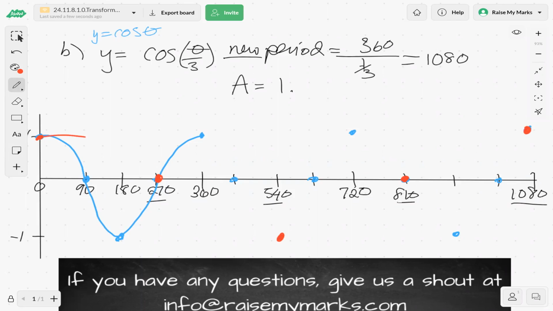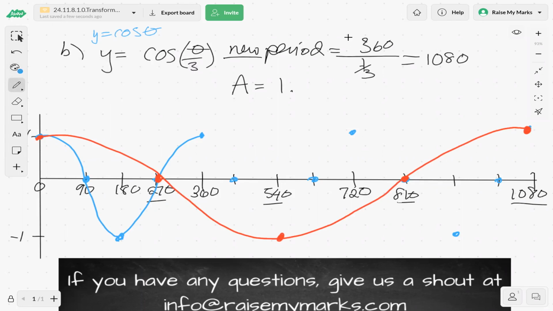So we're going to join these red dots, but oh dear, I'm not very good at joining dots with a nice red curve. So this blue curve, one period, has been stretched out to this red curve.